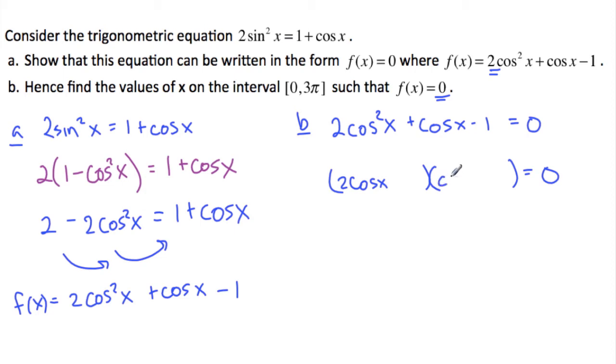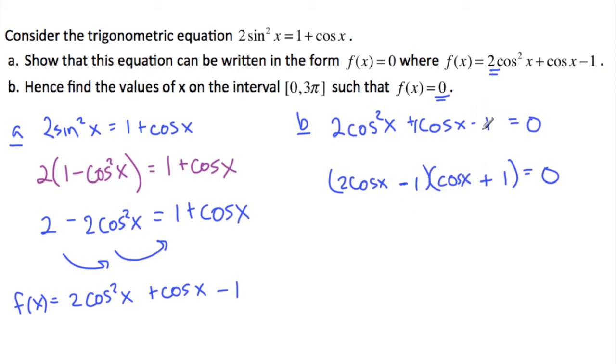Cosine x. And options for this are pretty simple: 1 and 1. And I need a positive 1 cosine x. So this must be a plus, because I get a 2, and this must be a minus, so it actually goes 2 minus 1.